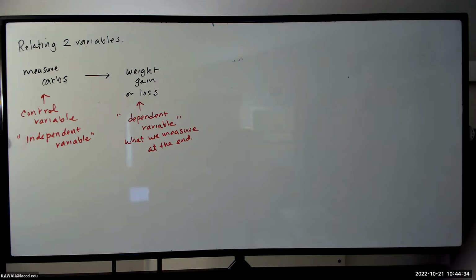I guess it's the wet, dry environment. Right. And then this one would be amount of time on each side. Okay, so you get the gist of this.